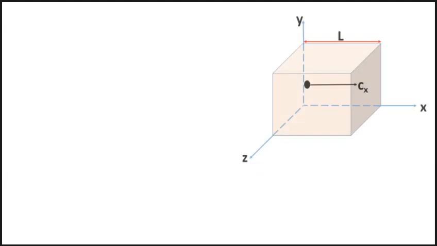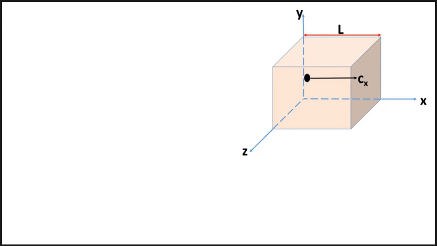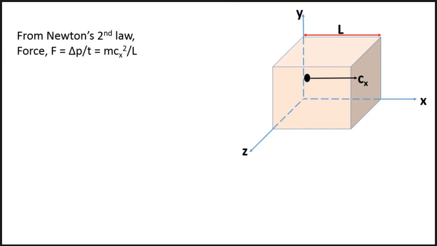Having determined the rate of change of momentum from Newton's second law, force F is also equal to the rate of change of momentum, which is delta P over T. And I will determine delta P over T to be this initially.